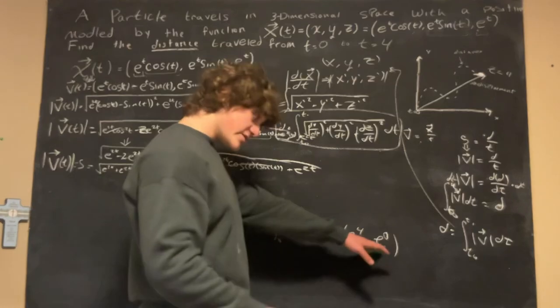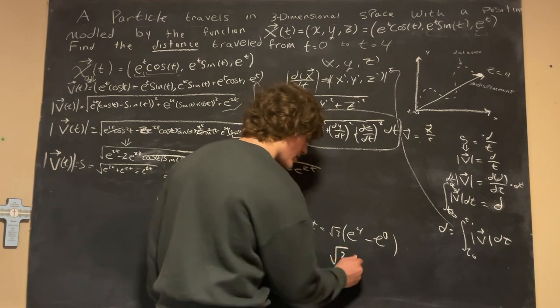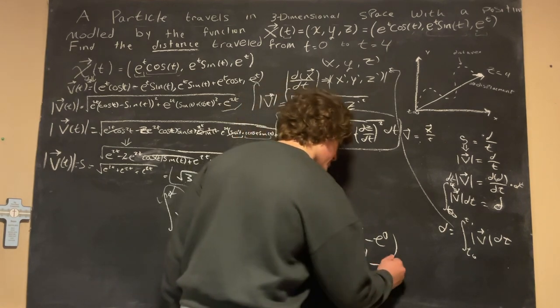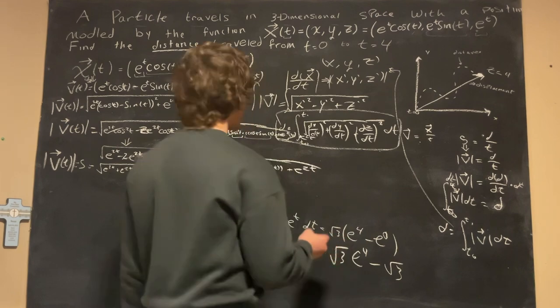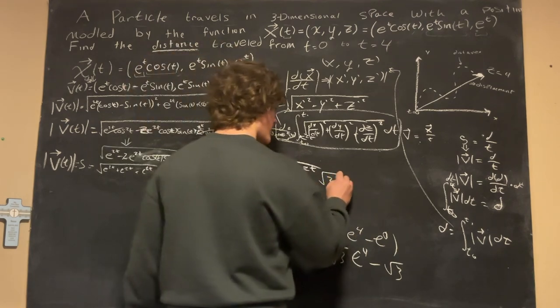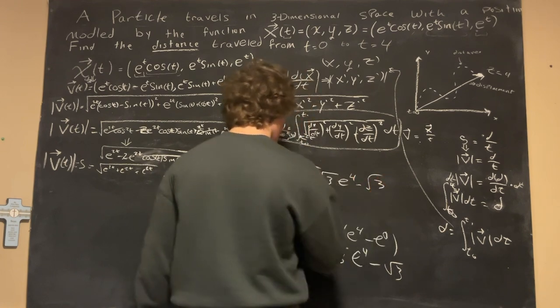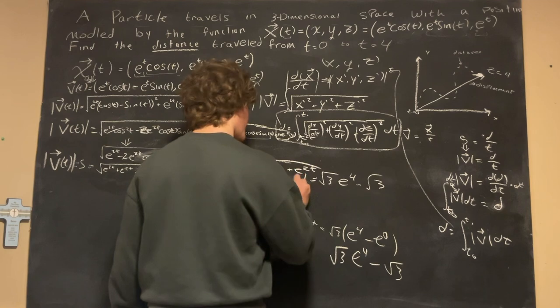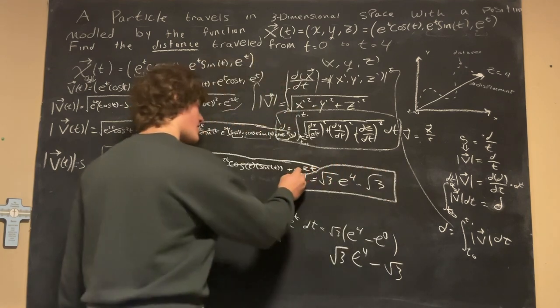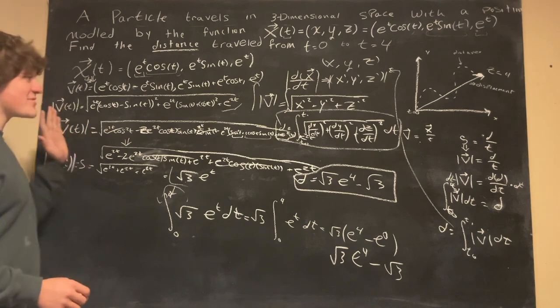Since e to the 0 is just 1, this becomes radical 3 e to the 4 minus radical 3, and that is our answer. I will write that right here: the square root of 3 times e to the 4 minus the square root of 3 is equal to our d value. That is a lot of algebra, but everything ends up canceling out luckily.